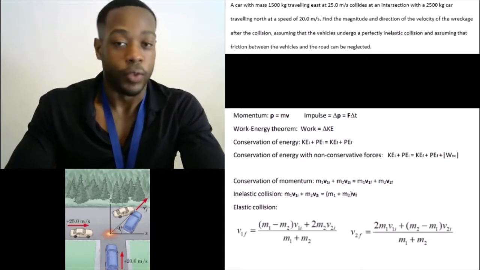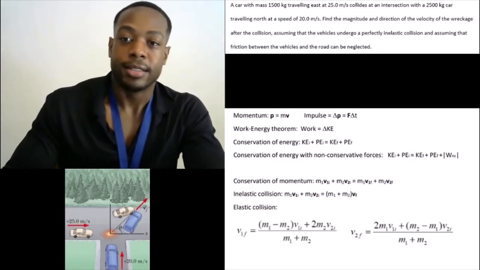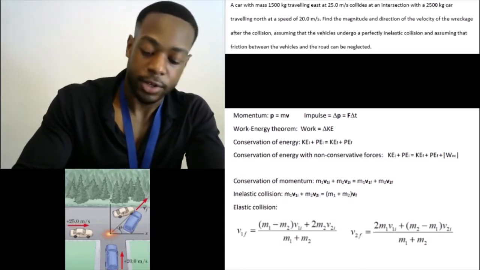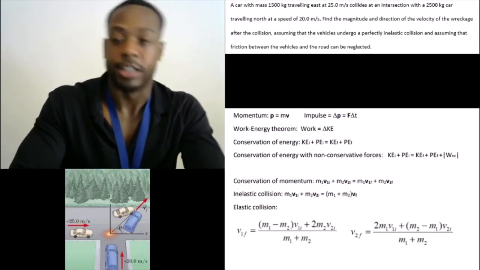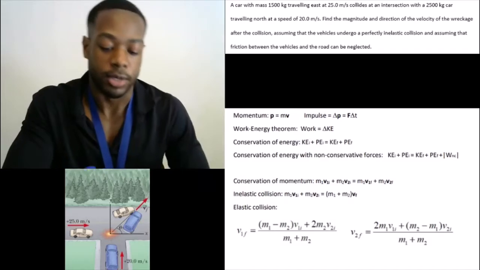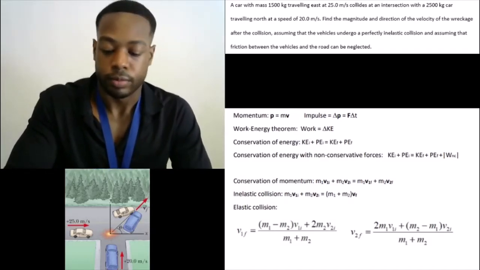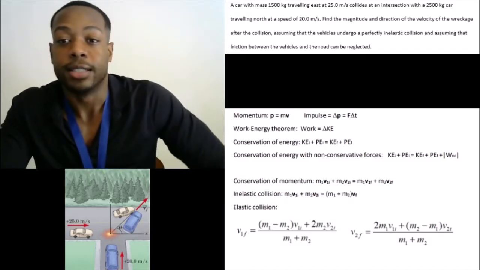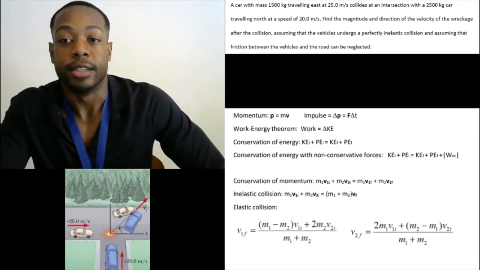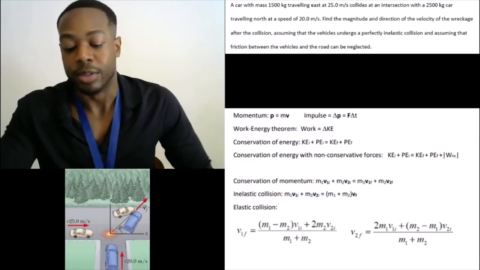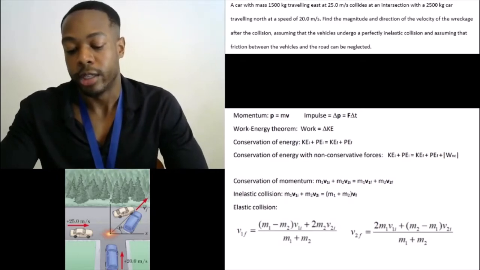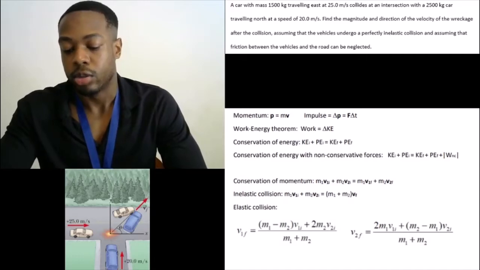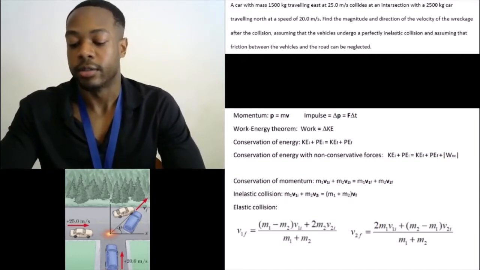So we've got that. Mass 1 is of the first car. Mass 1 is going to be 1,500 kilograms. Velocity 1 is going to be 25 meters per second east, and we said east is positive, so I'm just going to say that velocity 1 is 25 meters per second.